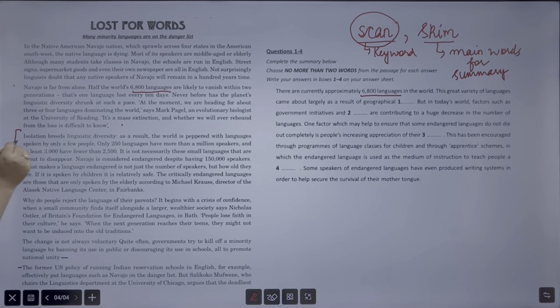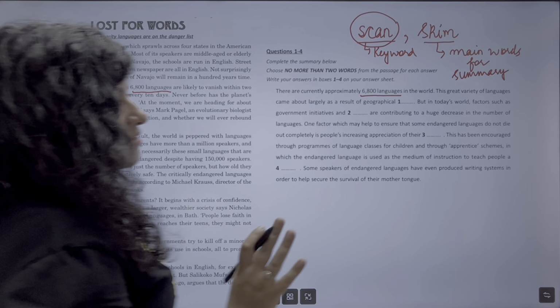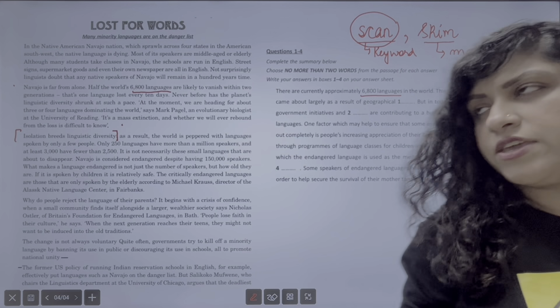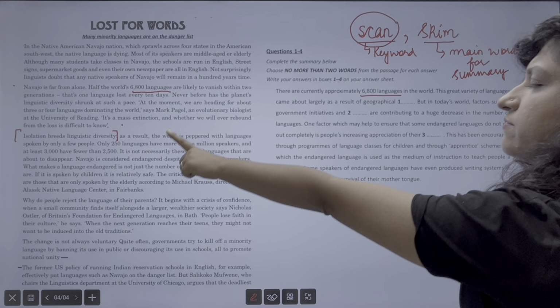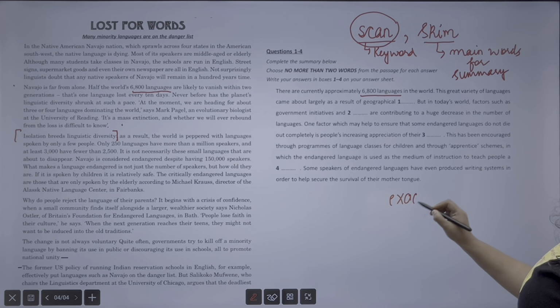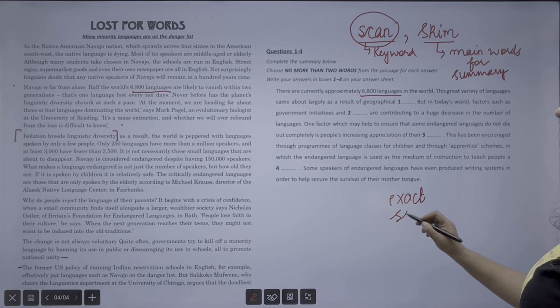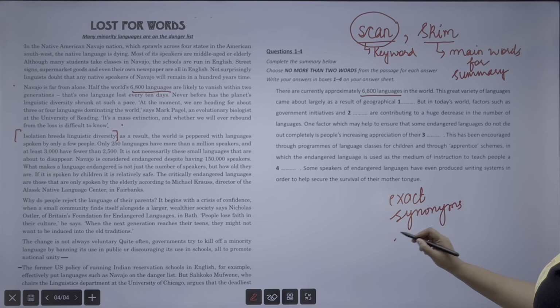And if you have seen my previous video related to reading, over there I discussed that when we are searching for the keywords in the text, we not only focus on the exact keywords, we also focus on their synonyms. We also focus on their closely associated words.